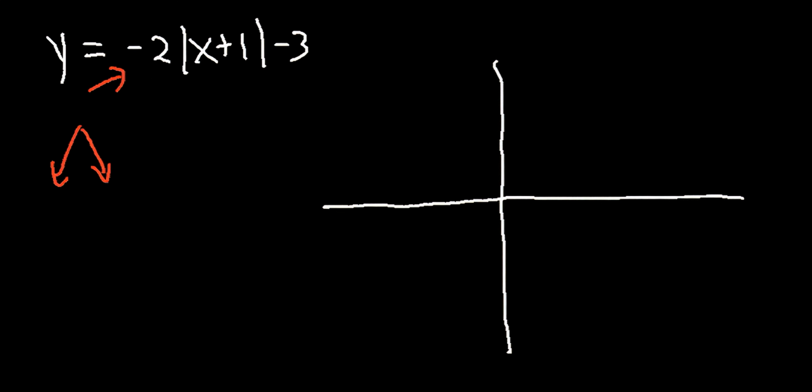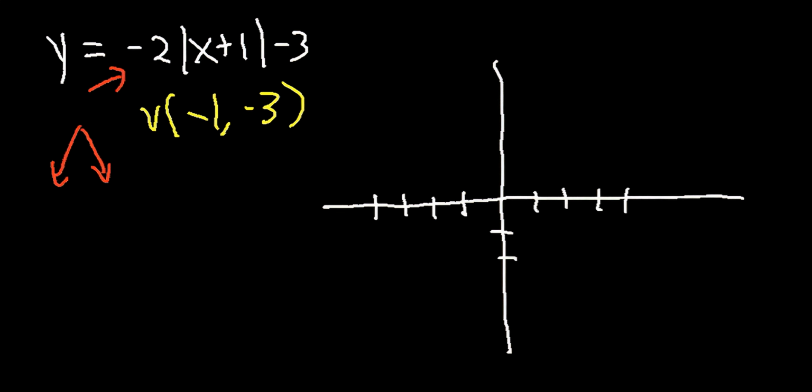So first let's plot the vertex, which is -1, -3. So it's over here somewhere, -1, -3. And we said that's going to go downward. So as we move 1 to the right, it's going to go down 2.